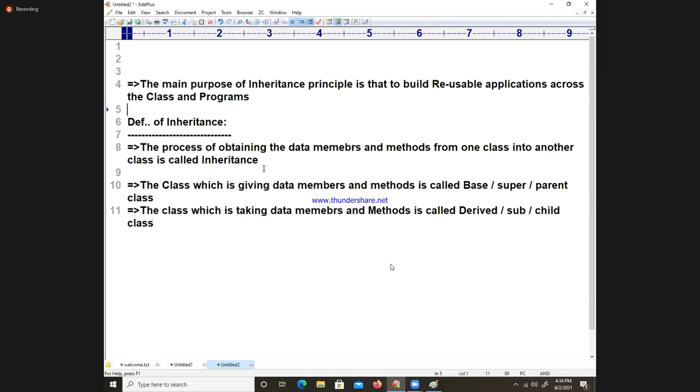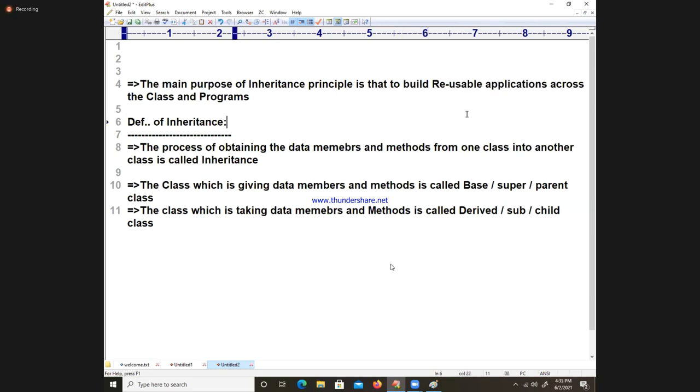Let me move forward to the concept. What is the main purpose of inheritance? Everybody, what is the main purpose of inheritance? Obtaining reusability, building reusability.